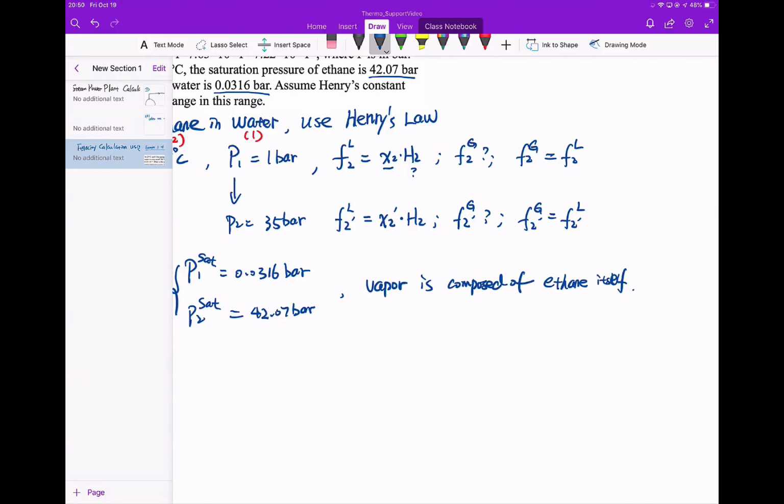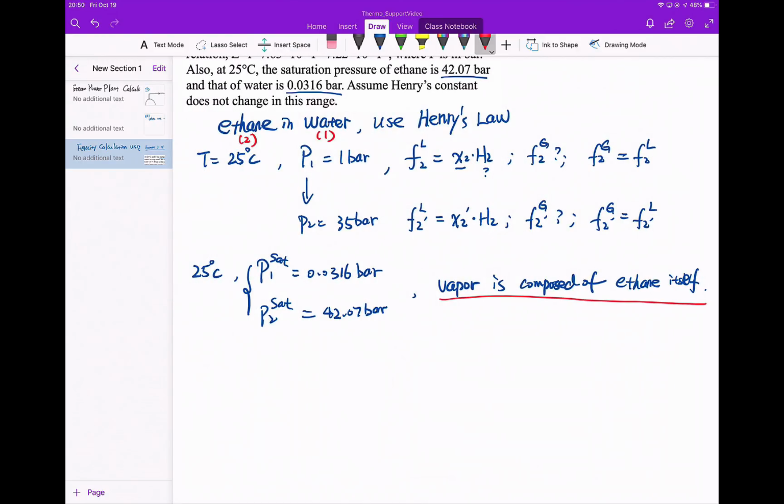Okay, so this is the hint from the known condition. And the use of this is that now we can understand y2 is almost 1.